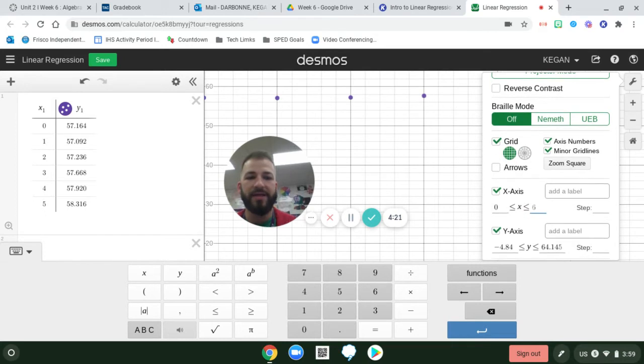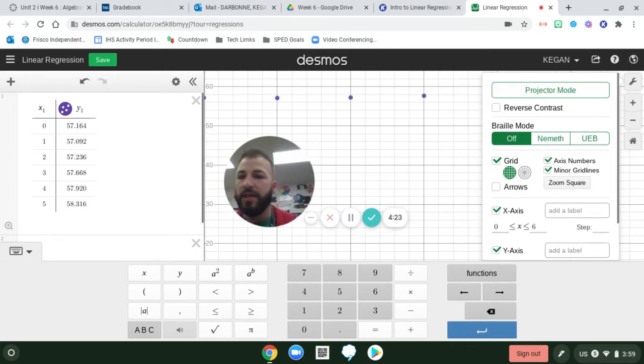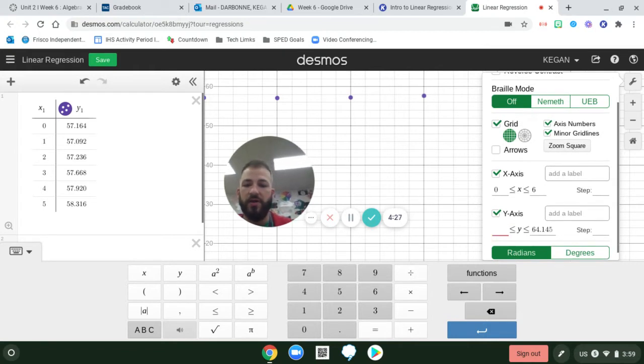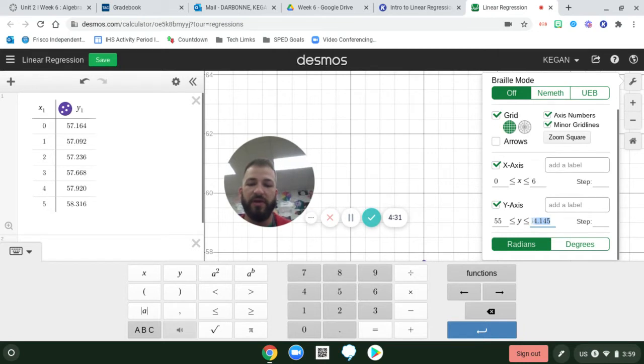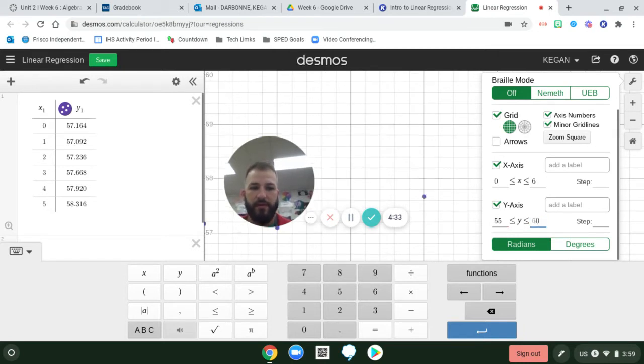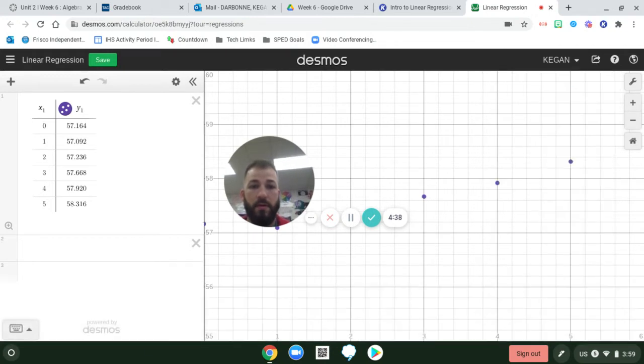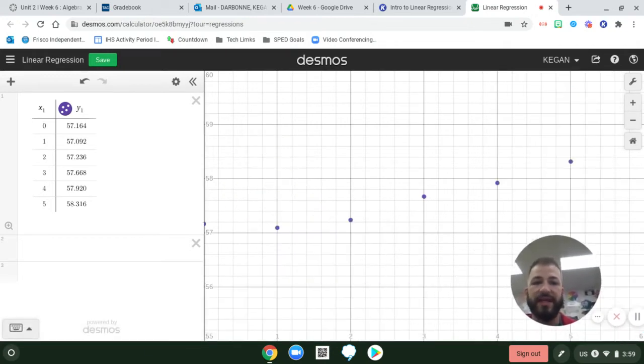And then on my y-axis, my lowest y value is 57.164, so let's go 55, and my highest is still in the 57s, so we'll go 60. Now hopefully you should be able to see my data nice and clearly right there.